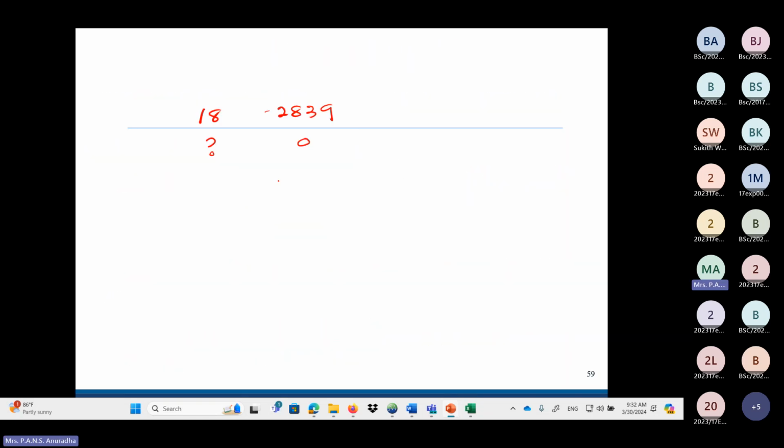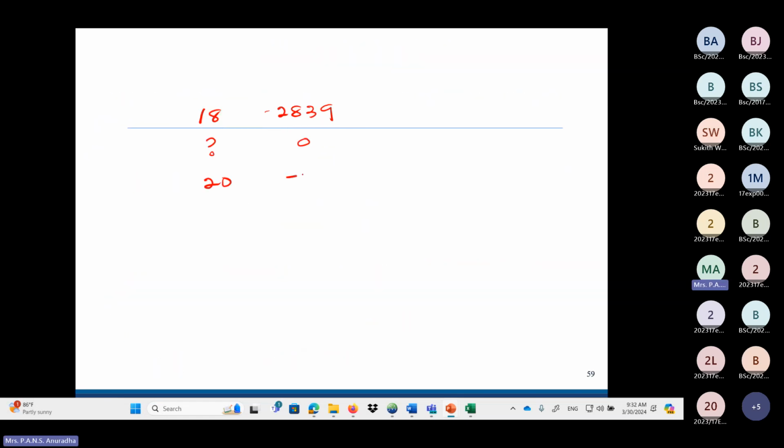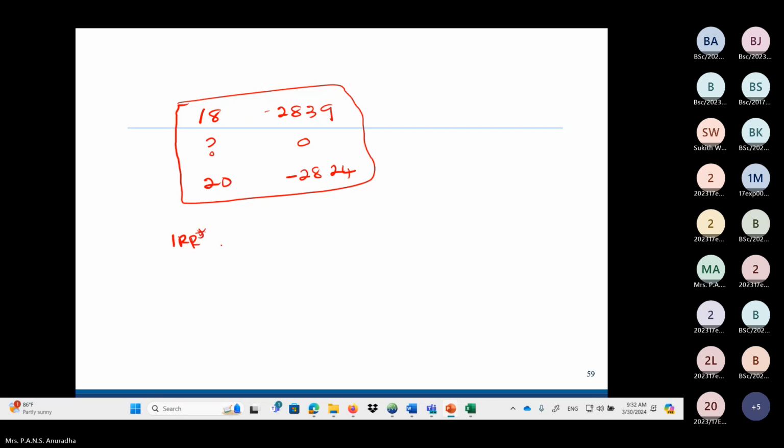At 20%, NPV is minus 2,824. So based on this table, let's calculate the IRR approximation.